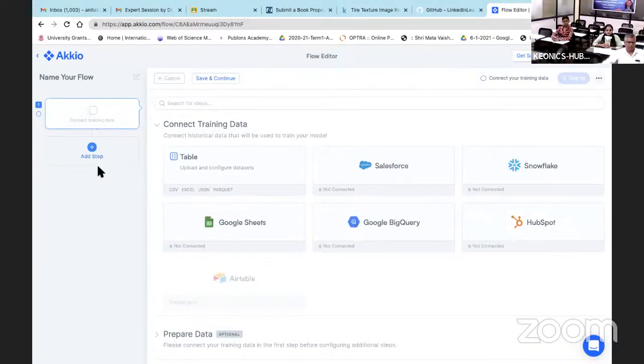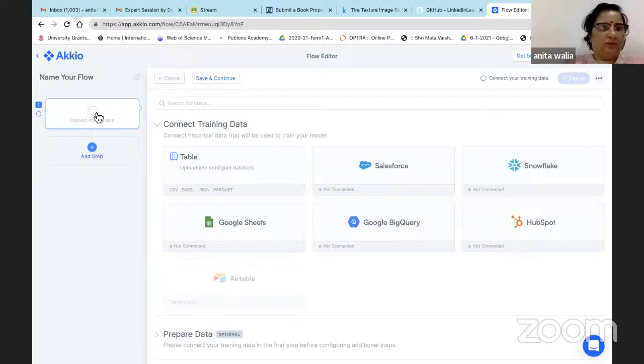and I have to connect the training set data. This is the first step. I can just name it something if I want.